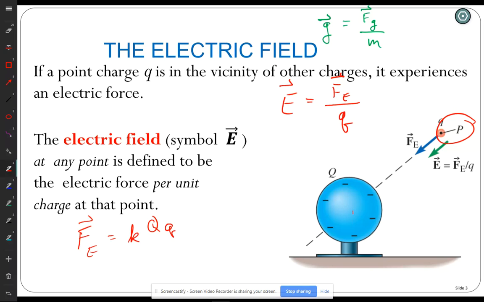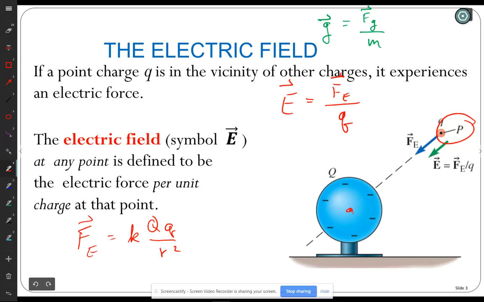The test charge is the one I'm saying, what will the force on this charge be? So point charge and test charge, I know, is confusing terminology. The point charge in this case is the charge I'm finding that's causing the force, and the test charge is the random charge that I'm bringing to see how big the force is going to be. And then I divide it by r squared.